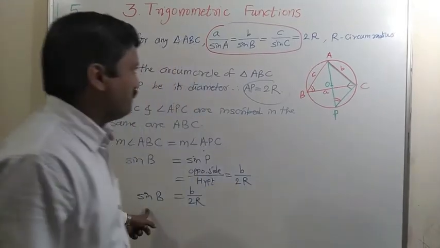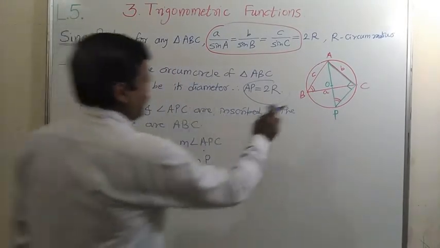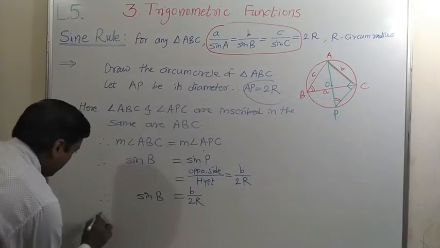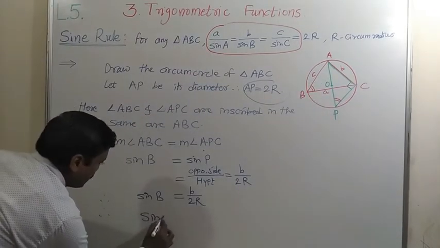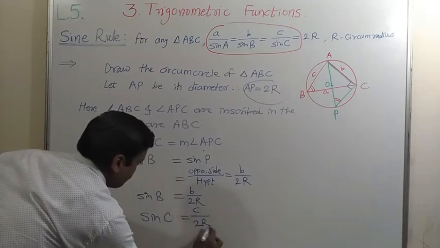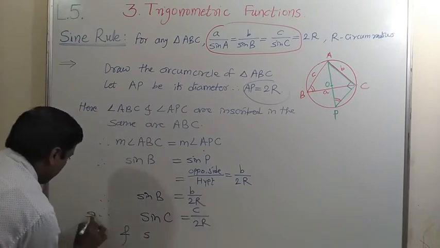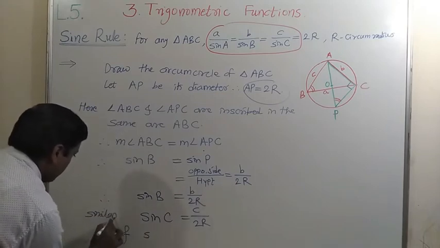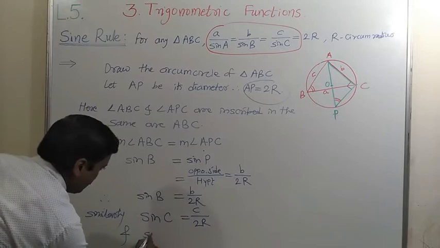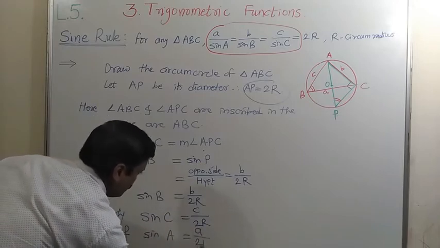That's why we get sin B equal to b upon 2R. If you draw a diameter through B, then we get similar results: sin C is equal to c upon 2R, and sin A is equal to a upon 2R.